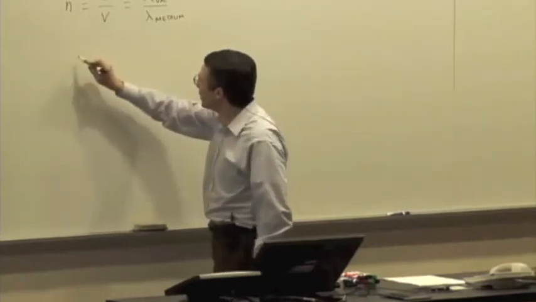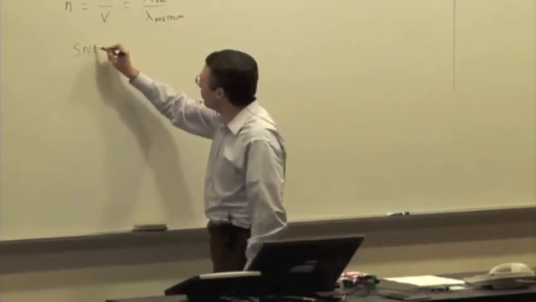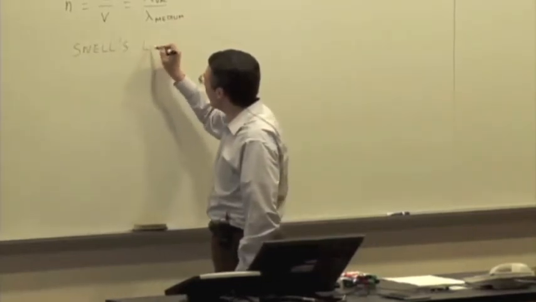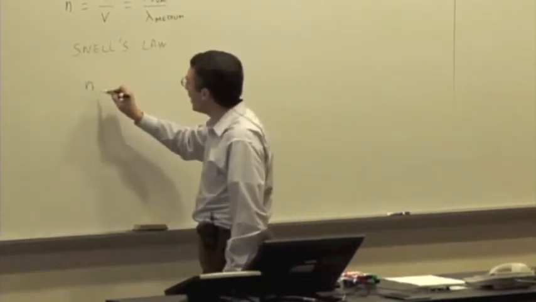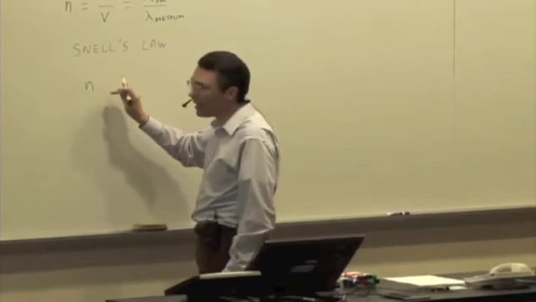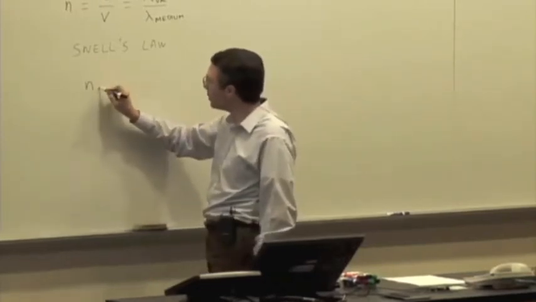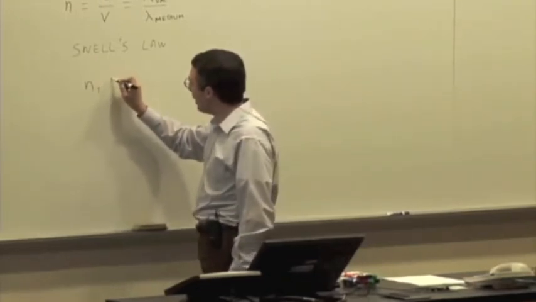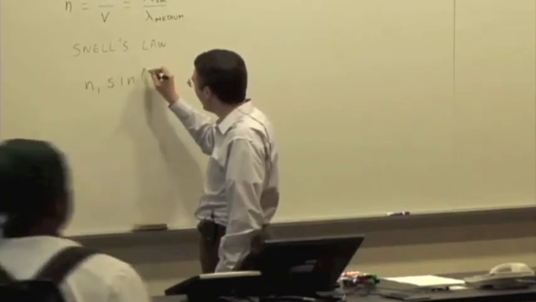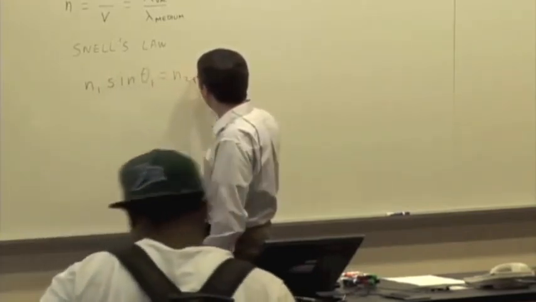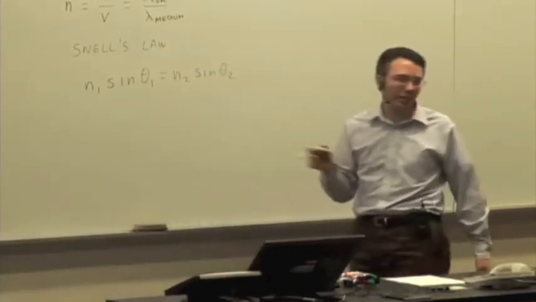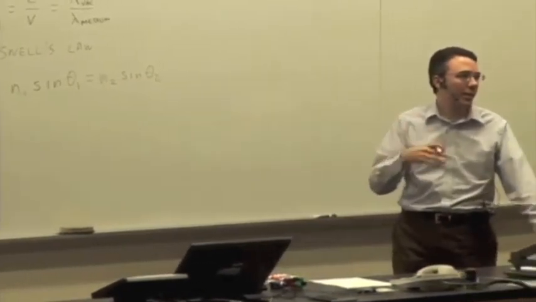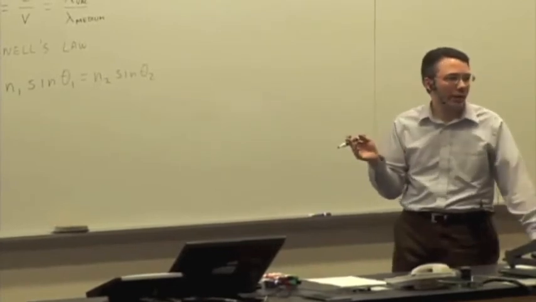We also saw Snell's law last time, which tells us about refraction of light rays at an interface between two media. n1 times the sine of theta 1 is equal to n2 times the sine of theta 2, where these angles are measured from the perpendicular to the interface, or the normal.